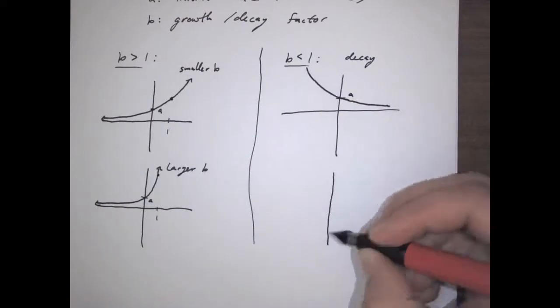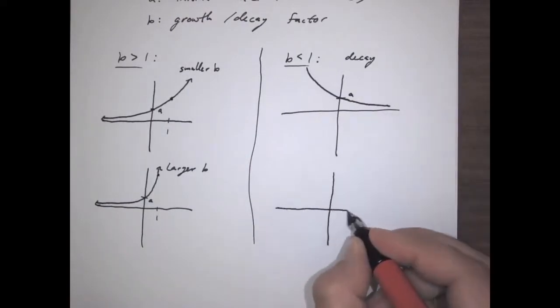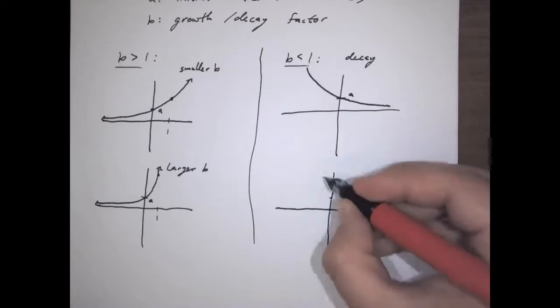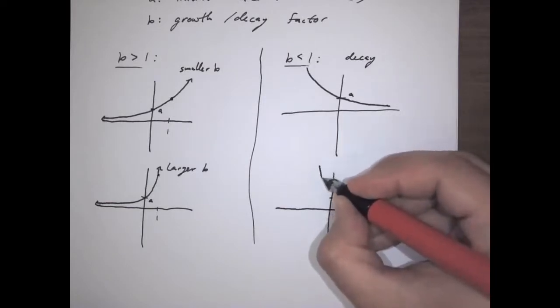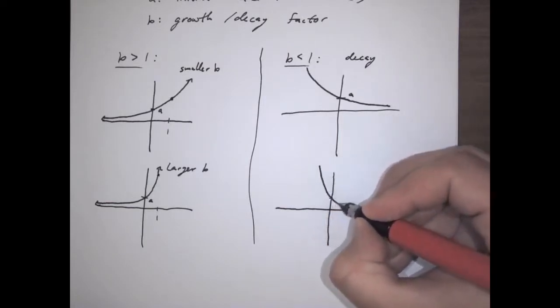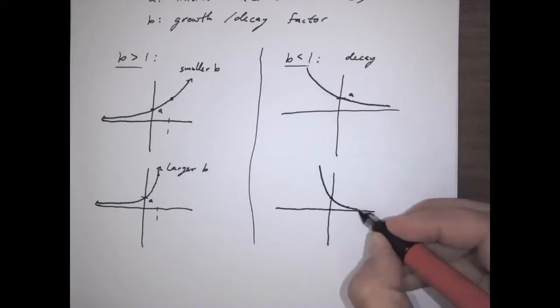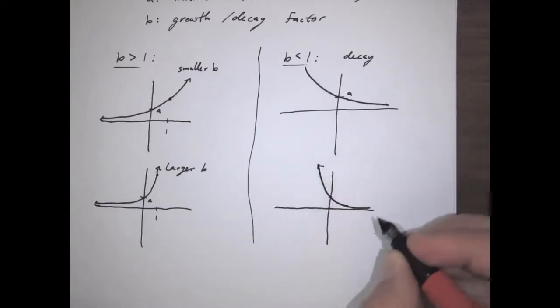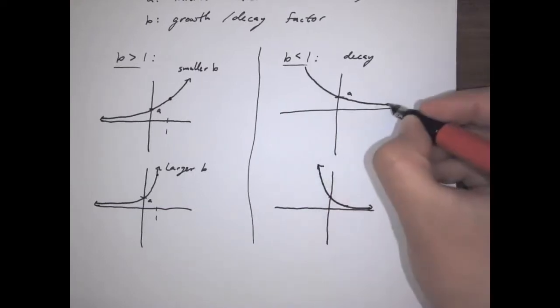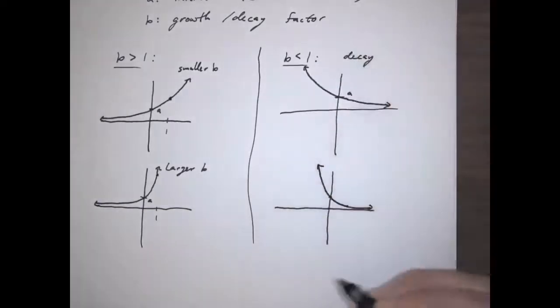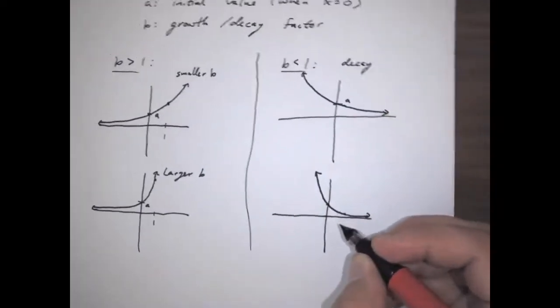And then here we could have one that shows a steeper drop off. But in both cases, these are just the mirror image of what we saw on the other side.